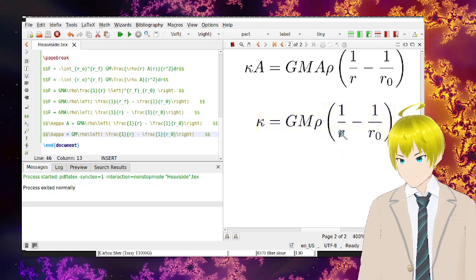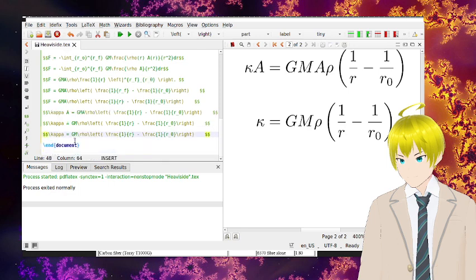And so we can actually use this to find, if we know our maximum tensile strength, the radius at which we reach this maximum tensile strength, sort of the maximum height you can build using this material. Knowing the density of the material, the mass of the Earth, the gravitational constant. So now let's solve for R. This is going to be kappa over GM rho, the characteristic constant that we're carrying around.